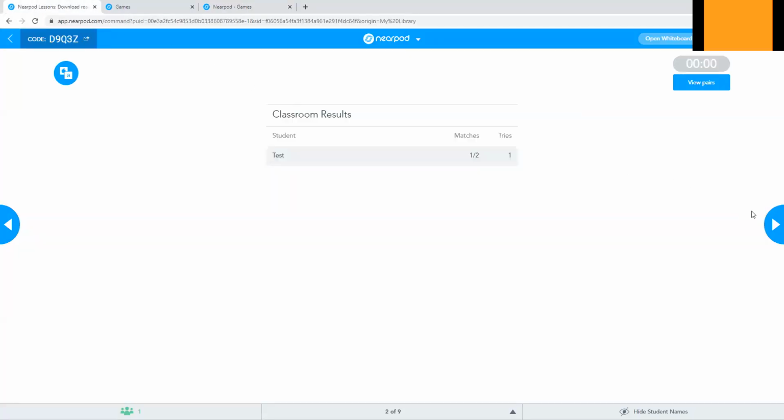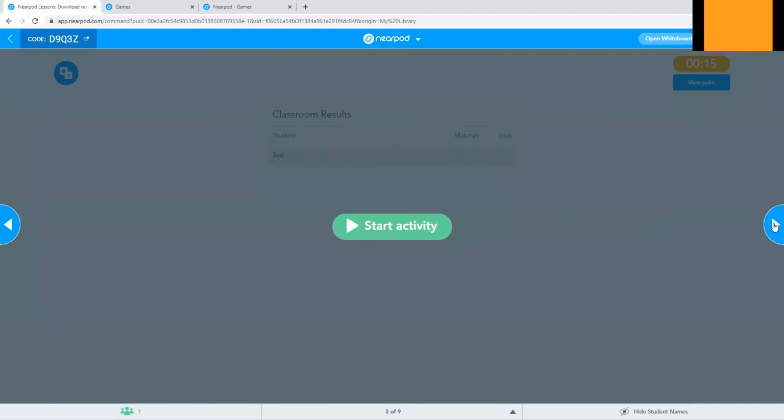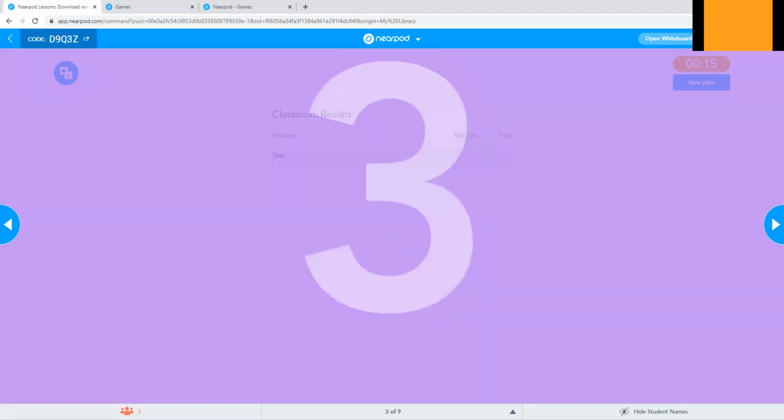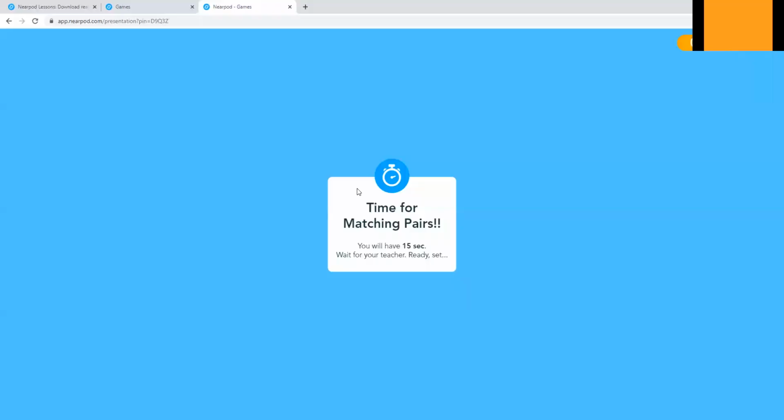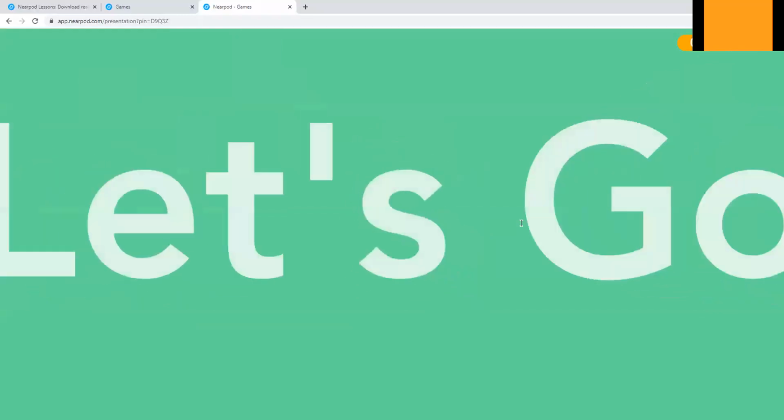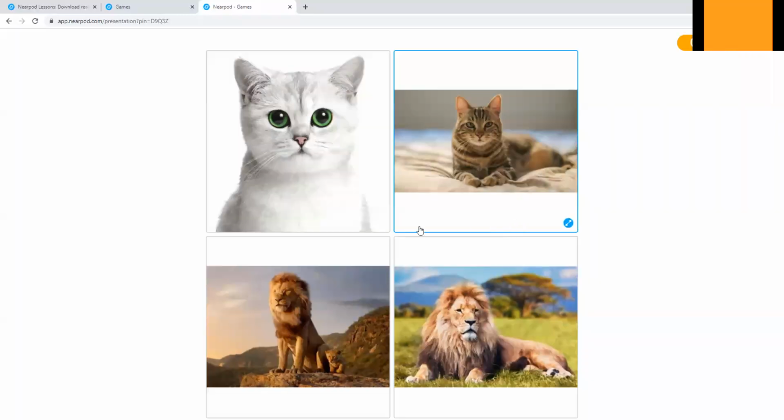Now, this is the second slide. In this second slide, if we choose different animals, it will show that they are not the right choice.